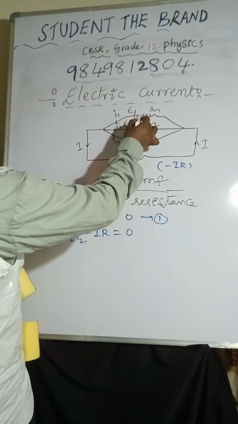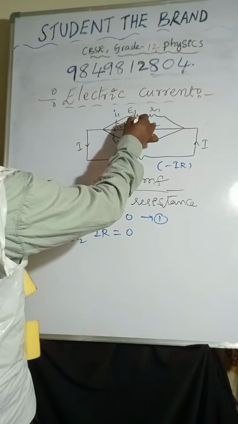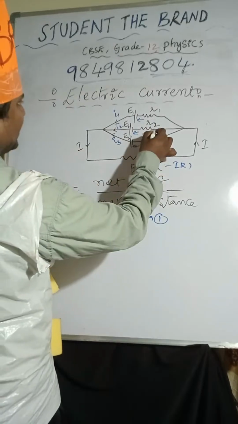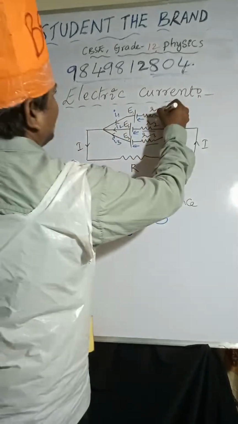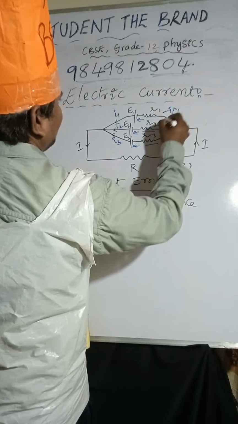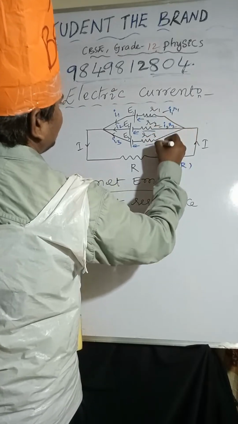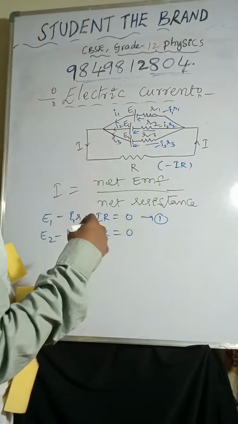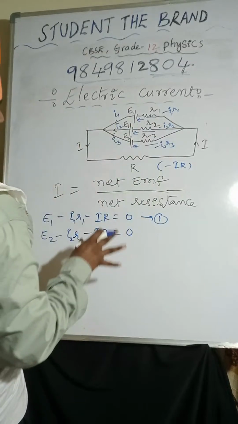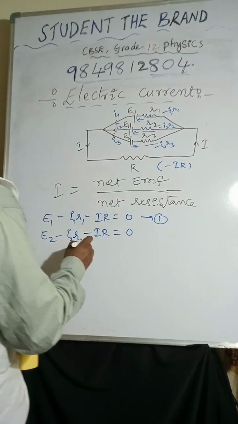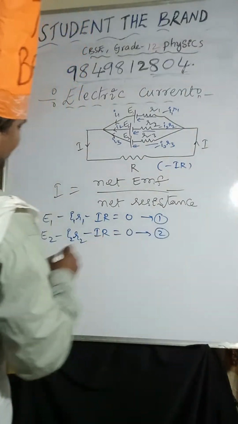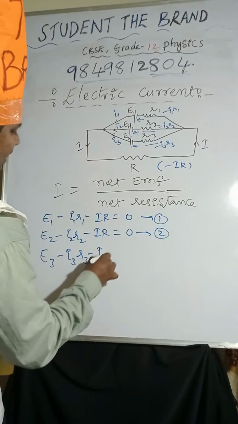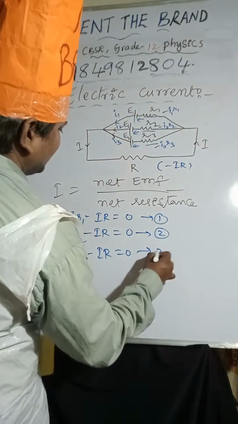E is positive because we are moving from the negative terminal to the positive terminal, along the current direction. That's why the I1R1, I2R2 and I3R3 terms are negative. Then E3 minus I3R3 minus IR equals 0, which is the third equation.